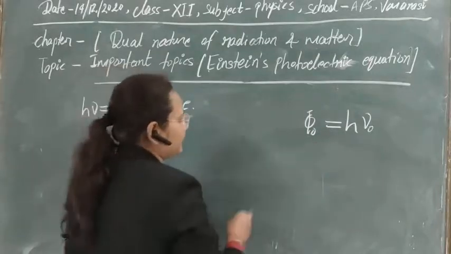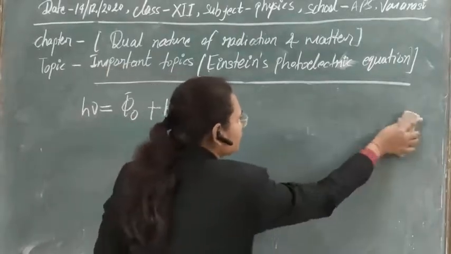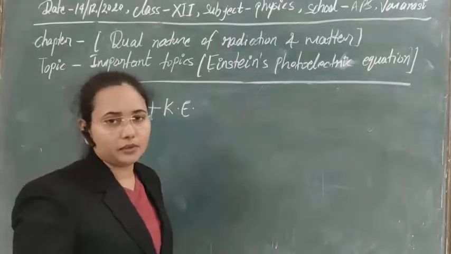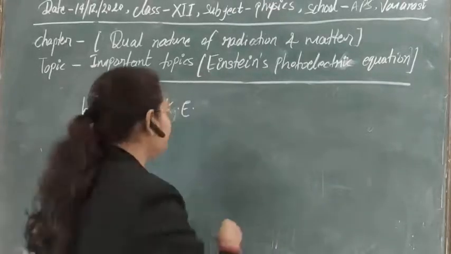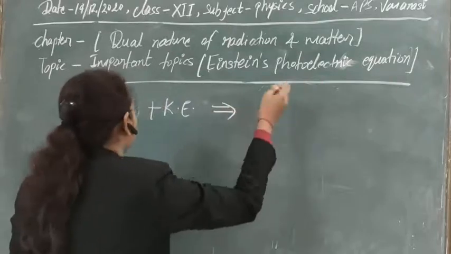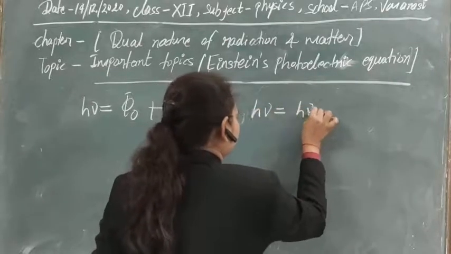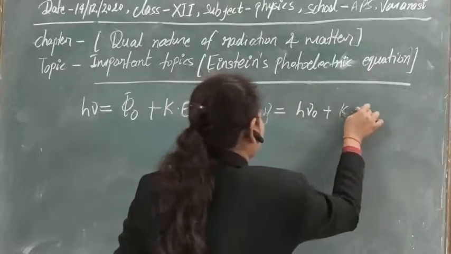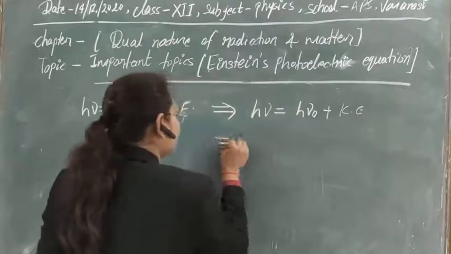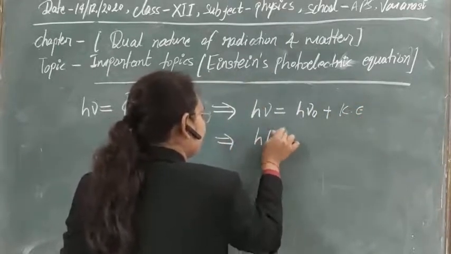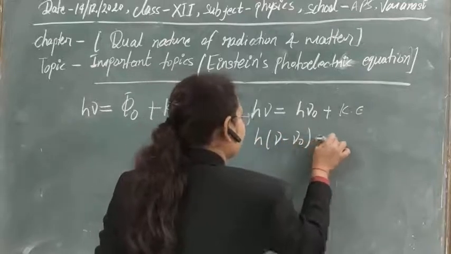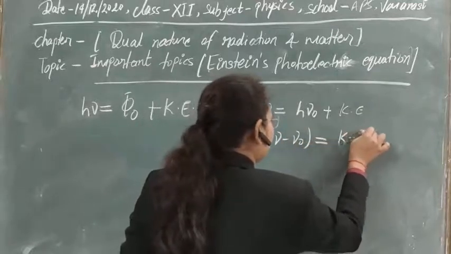So let's write it. There are so many forms of the Einstein photoelectric equation. You can write all the forms here. So this will be h nu is equal to h nu 0 plus kinetic energy, or in other words we can write h times nu minus nu 0 is equal to kinetic energy.